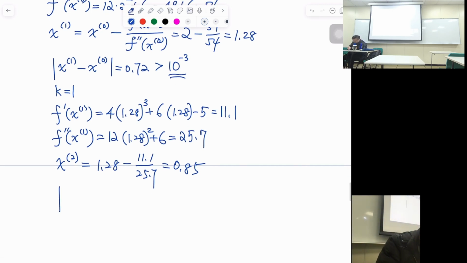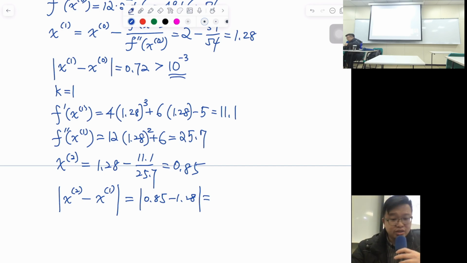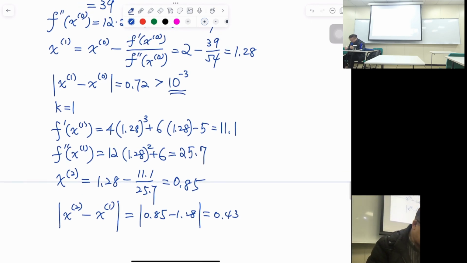Then you can check the difference between the new one and the last one, 1.28. So this is 1.28 minus 0.85, 0.43. Okay? So from here you can do something. It's not yet converged, you need to continue. But over here you can compare the difference right here and the difference right here.